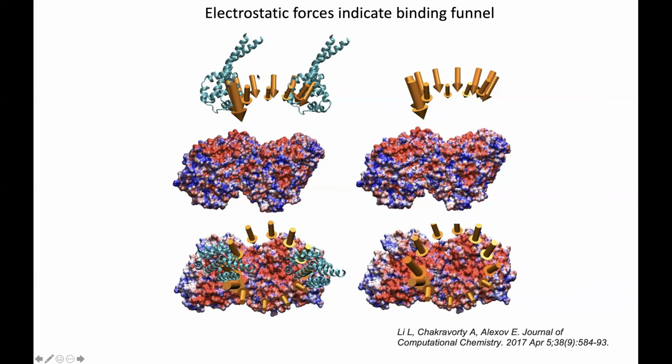What's the net force? Actually, the net force is always pointing to the binding pocket, which is a binding funnel. It means if the binding domain of dynein is close to the binding pocket, the force will drag it into the binding pocket.